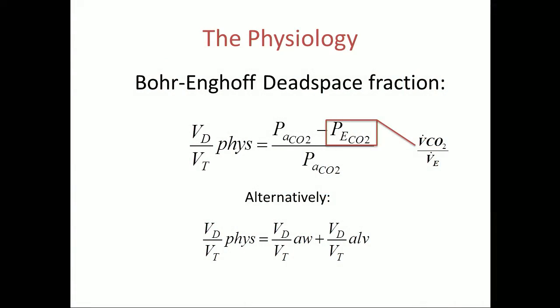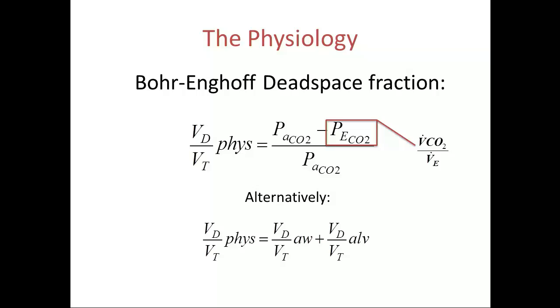So what volumetric capnography does is it gives you a very easy estimate of your mixed expired PCO2. It does so simply by dividing your CO2 production per minute by your minute ventilation. And that gives you a fraction of your concentration of CO2. And you can use that to calculate your physiological dead space. However, an alternative way to view dead space is as its components.